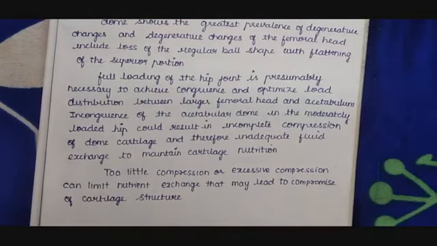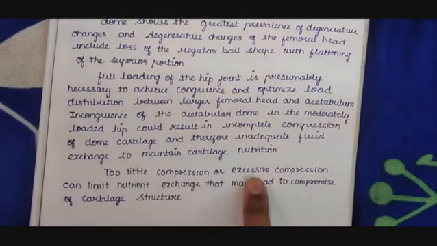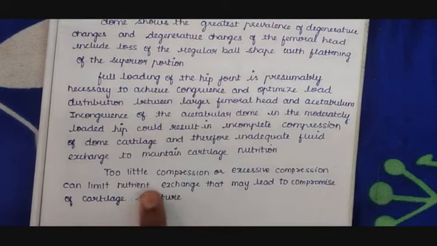This synovial fluid will enter the cartilage only when loading of the joint occurs. So if there is no loading of the hip joint, then the cartilage may not receive nutrition, and that may result in damage to the cartilage. Too little compression or excessive compression can limit nutrient exchange that may lead to compromise of cartilage structure.